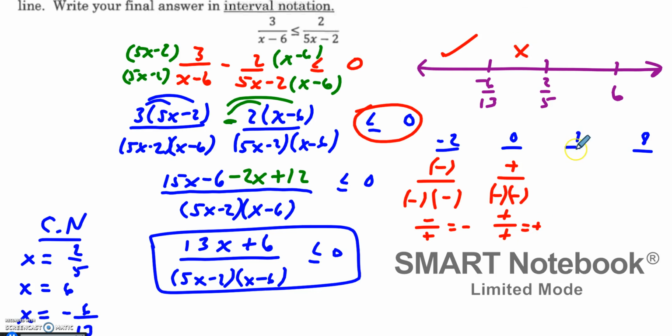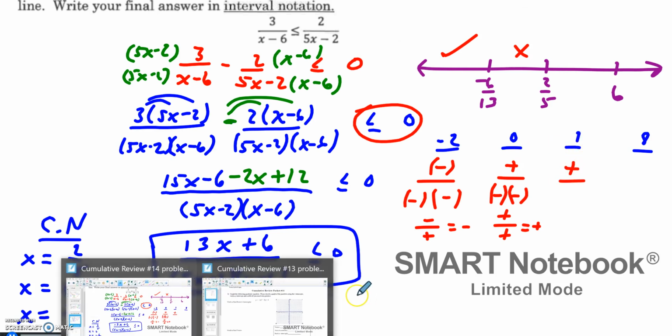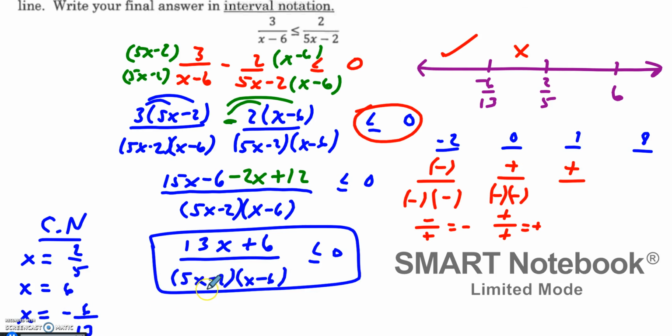If I plug 1 into this, I get a positive in the numerator, and 1 into this would be a negative. Positive divided by a negative is a negative, so this interval works because this is less than 0. And I can predict what my answer will be for 8, but let's go through it anyway.